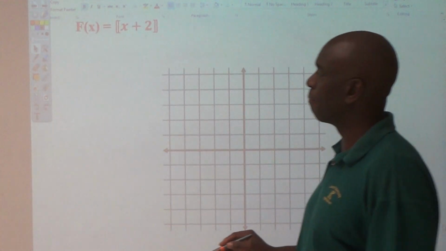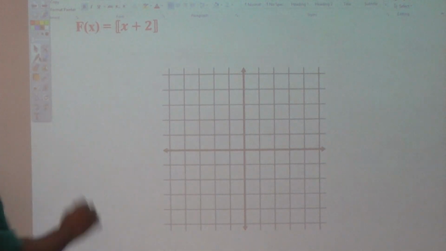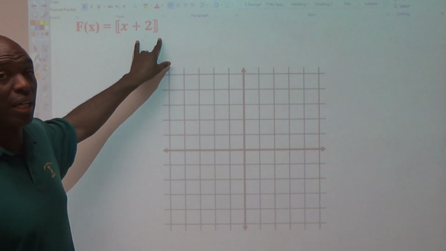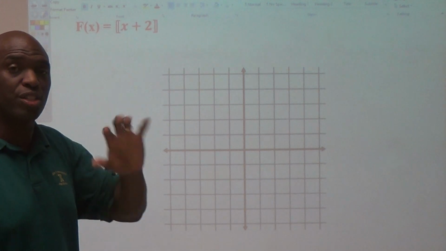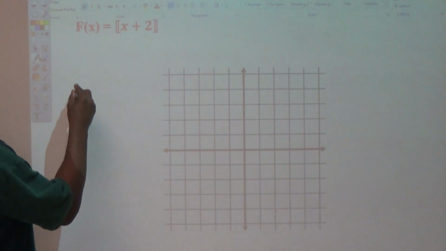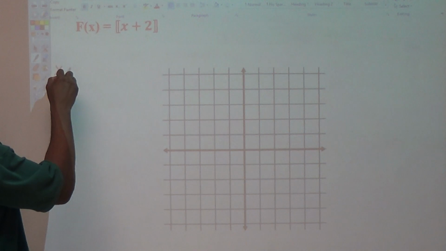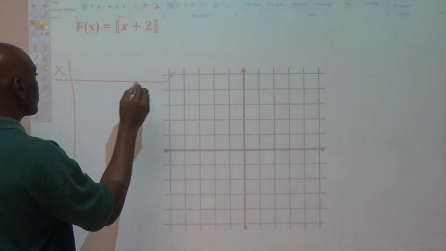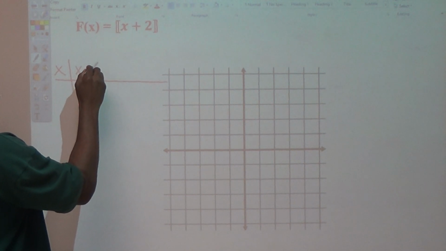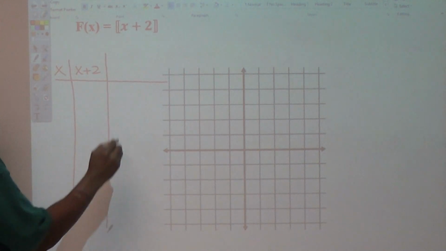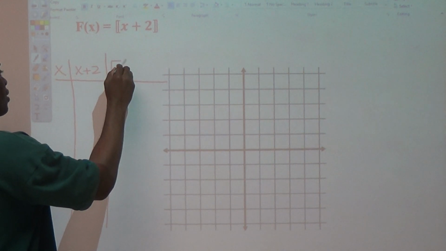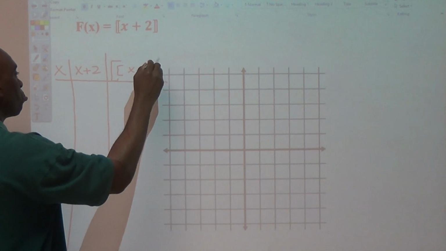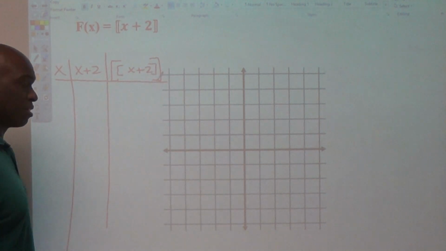Let's take a look at it. So let's graph f of x equals greatest integer function of x plus 2. So here's how you want to start. You want to have a column for x, a column for x plus 2, a column for greatest integer function of x plus 2. That's everything we need.